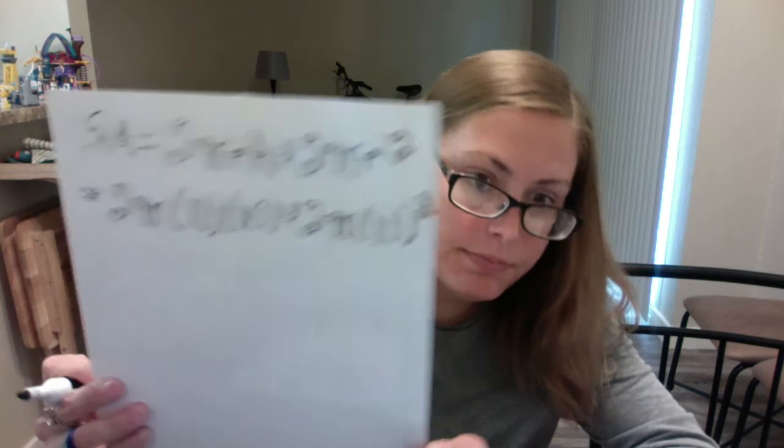Our next one is a cylinder. So our surface area is equal to 2 pi rh plus 2 pi r squared. Fill in our information. We have 2 pi times 11 times 10 plus 2 pi times 11 squared.